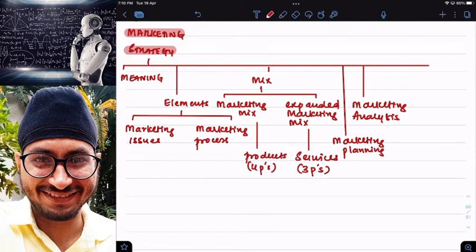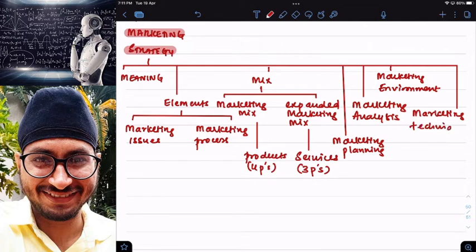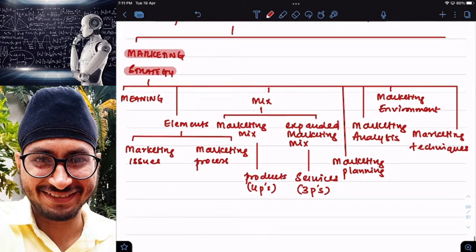Then marketing environment. And we are also going to discuss marketing techniques. Clear? So these are the concepts we are going to discuss in which strategy?